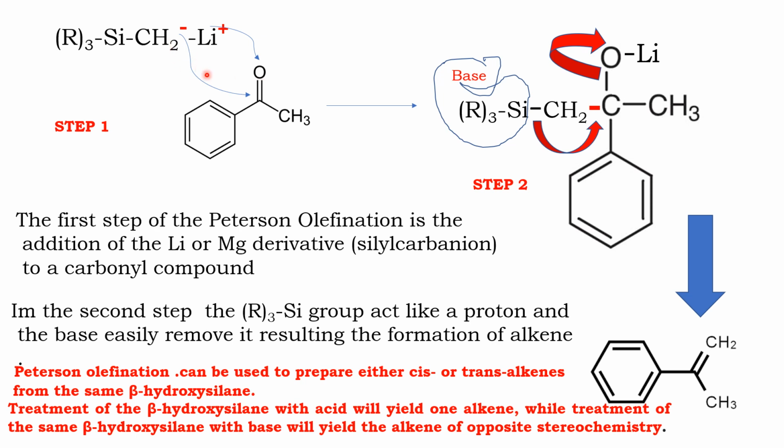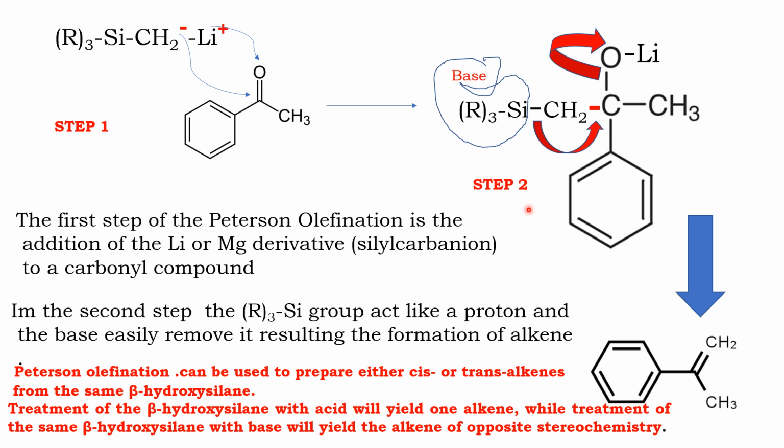This minus charge will attack the carbon atom, and the Li plus will attack the oxygen atom. So a typical addition reaction is happening there, and an addition compound is obtained here. Show the arrow mark here. See, Li plus attacks O minus, so that basically a lithium derivative is obtained here.